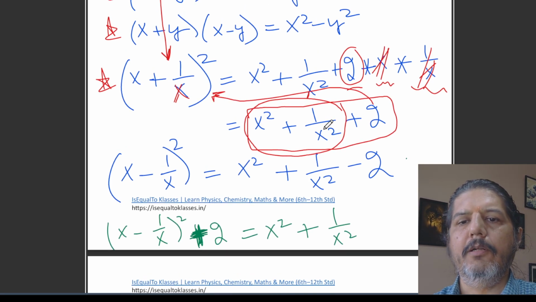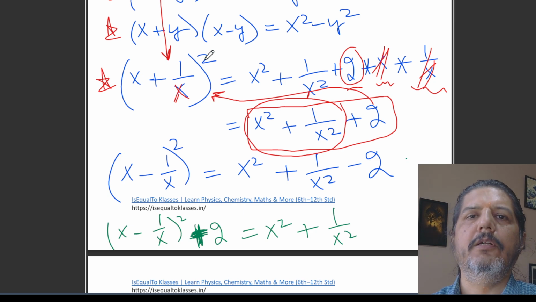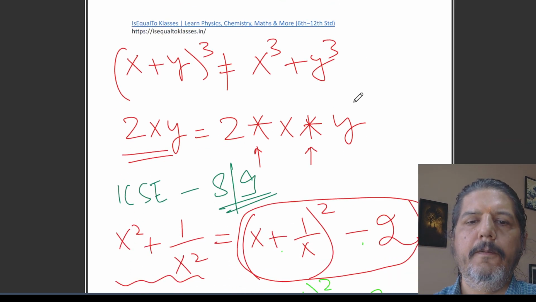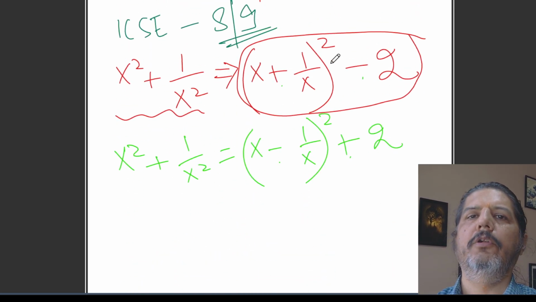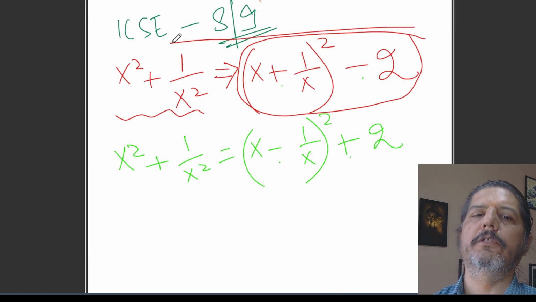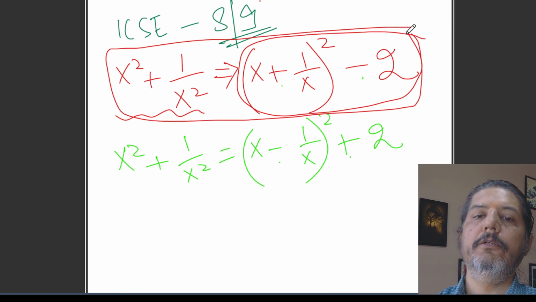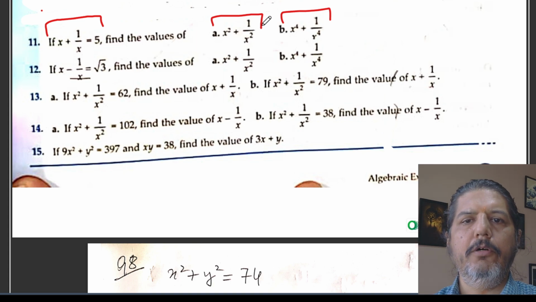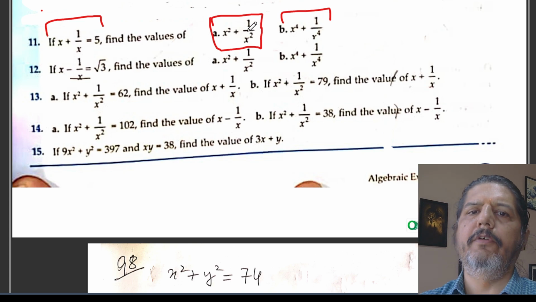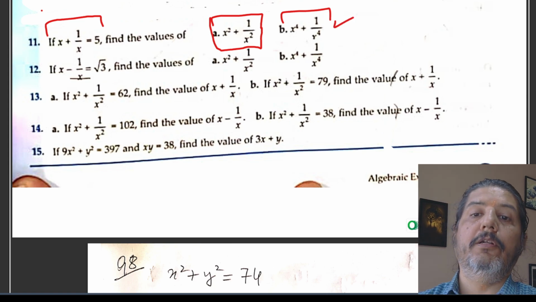So this is the expansion that we will be using to find the value of x square plus 1 upon x square. And once we have found that, similarly we'll find the value of x4 plus 1 upon x4.